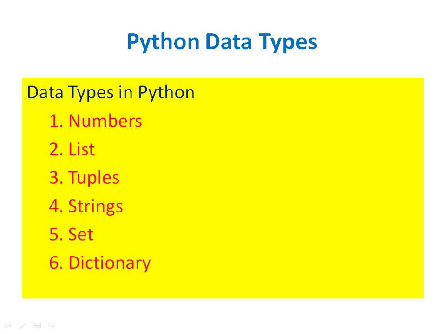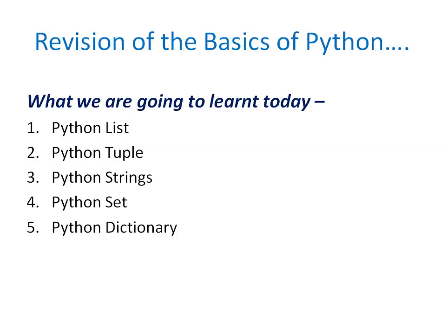Now today we will start from the list data type, and we will also study tuples, strings, sets and dictionary in brief, and later on we are going to cover these topics in detail. Now we are going to study these 5 data types today.